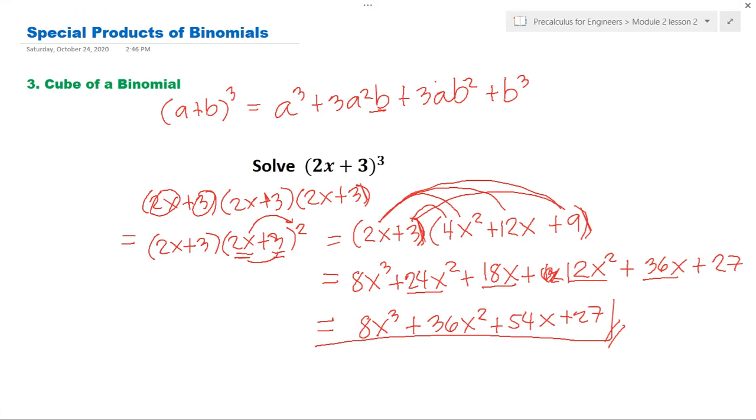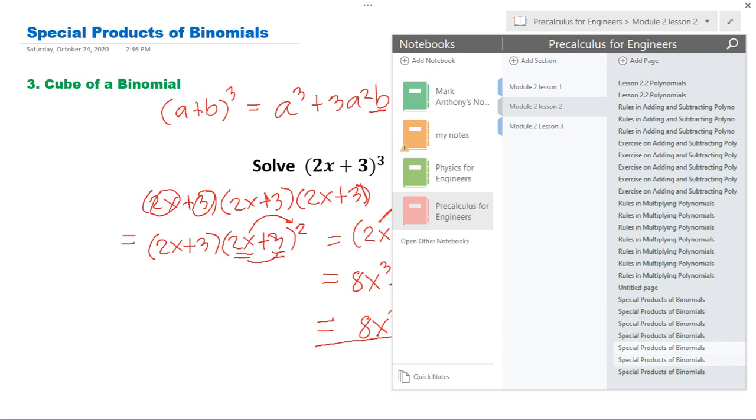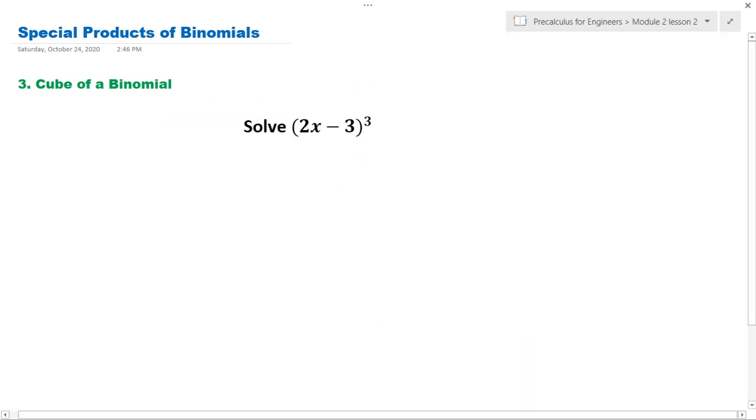So next, let's move to the cube of a binomial for the second example. We have here 2x minus 3, so I can just write here 2x minus 3 times 2x minus 3 squared.